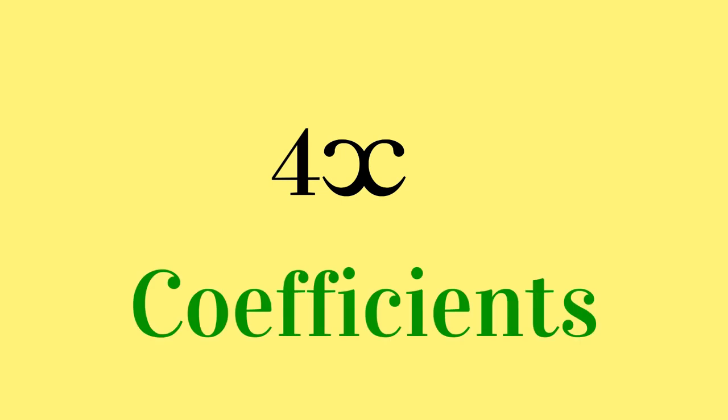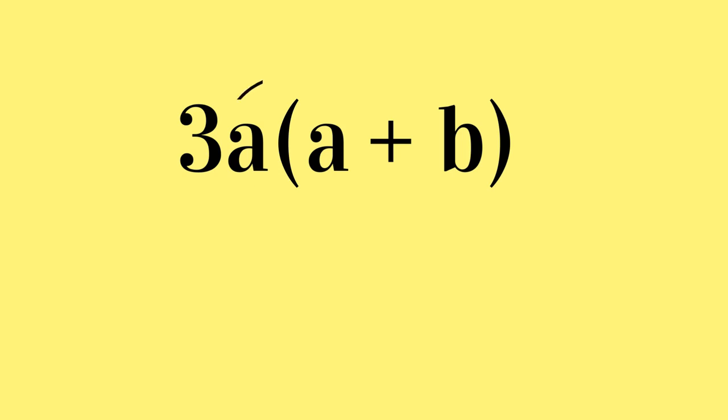Variables can be multiplied by numbers known as coefficients. We need to be careful to include this number when multiplying. For example, if we had 3a(a + b), to expand these brackets, we would start by multiplying 3a by a.